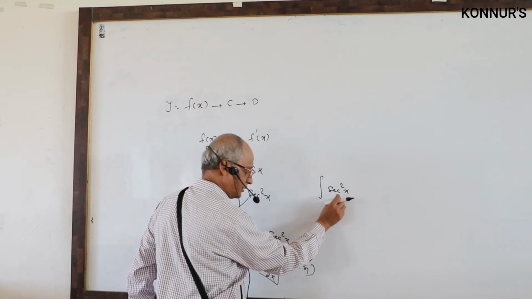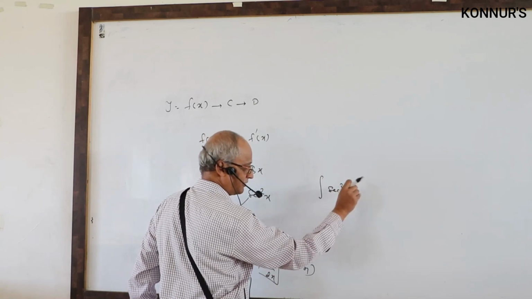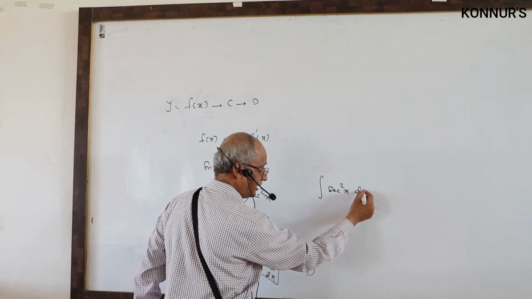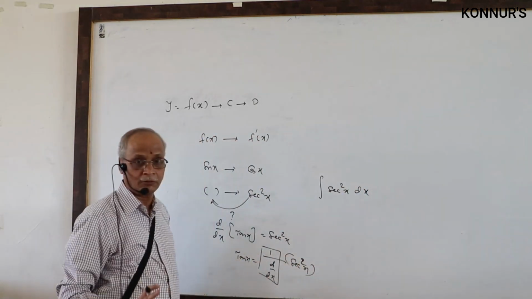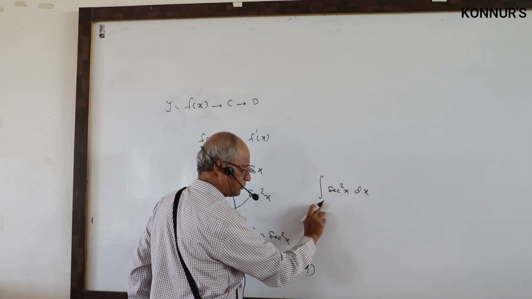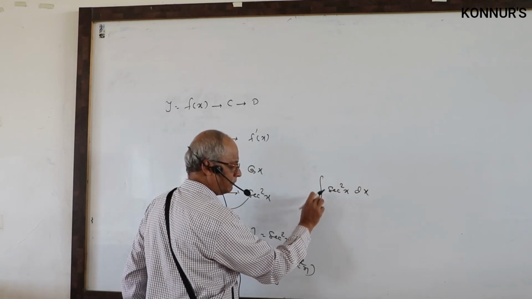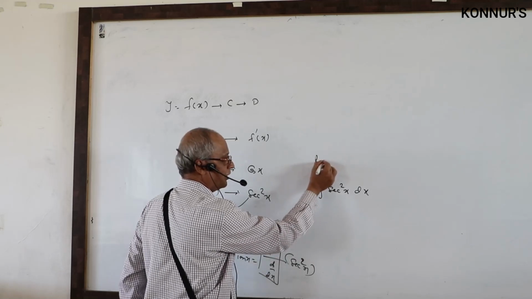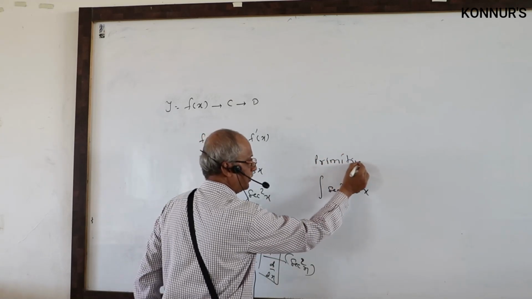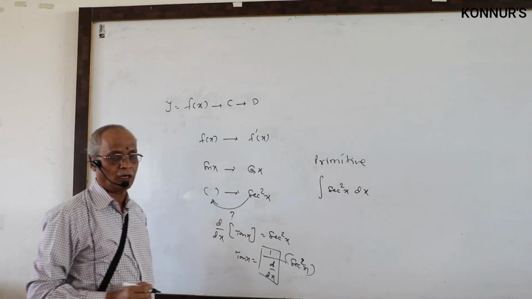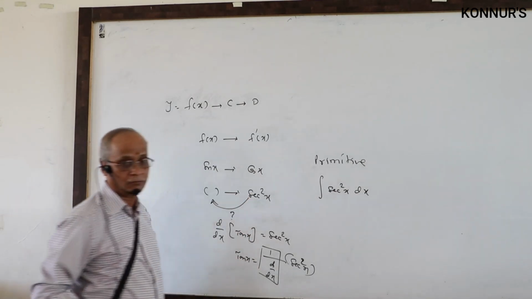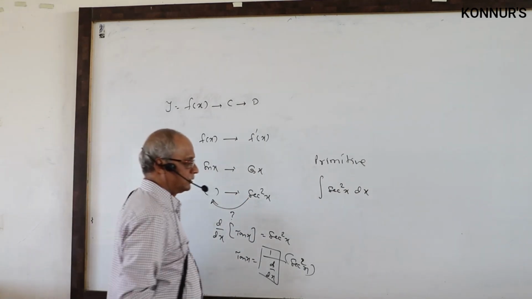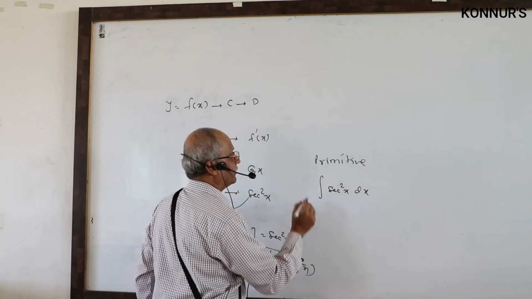Then we have to tell the variable with respect to x. For that reason, dx must be present. And this is the symbol for the integral, the primitive. The original name is primitive. Antiderivative is actually called the primitive of the function. We are using here the integral of the function.